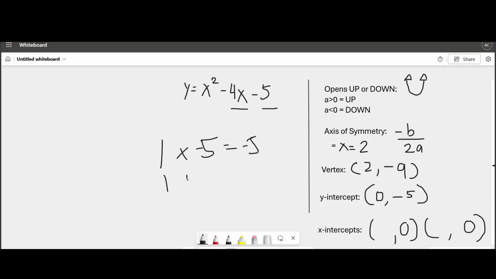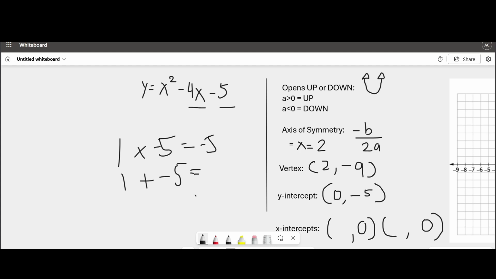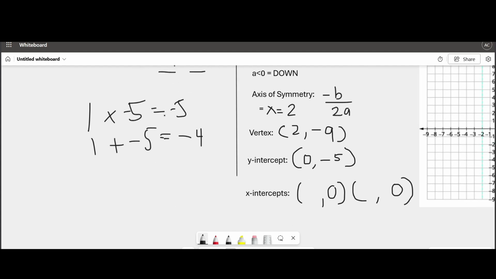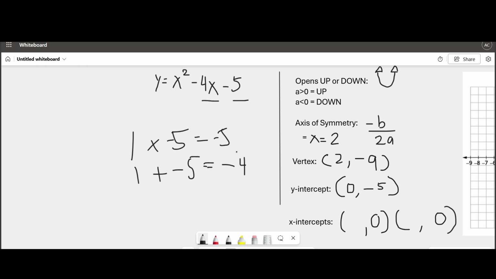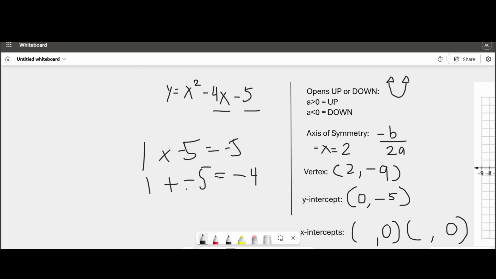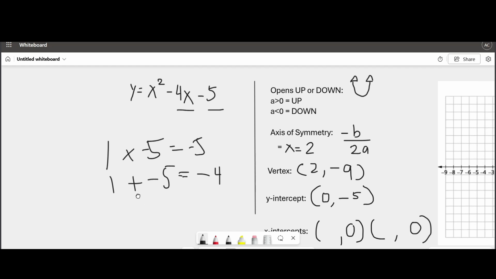How about 1 plus -5? That will be -4. So this will be the factored version of our quadratic function.